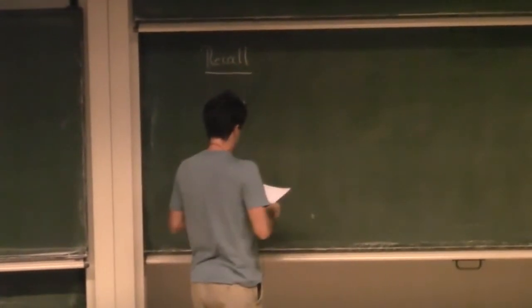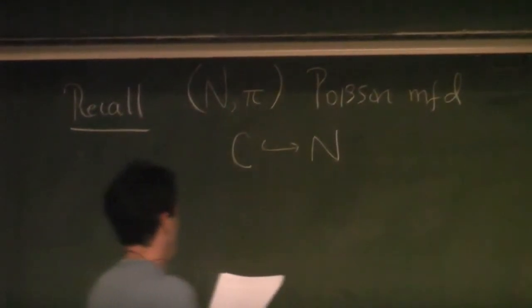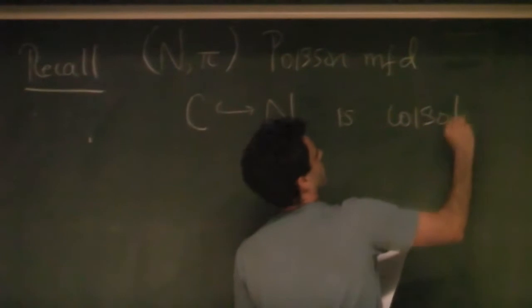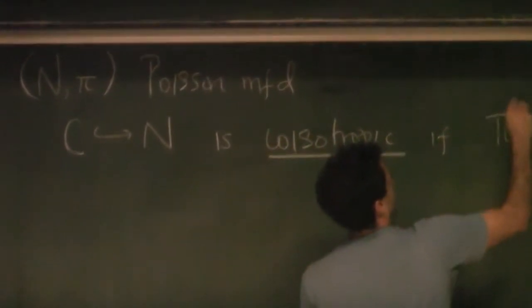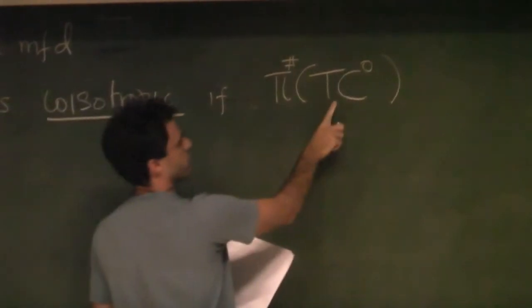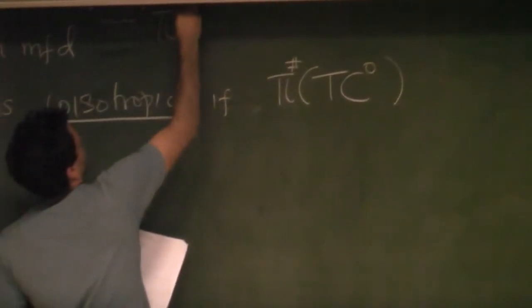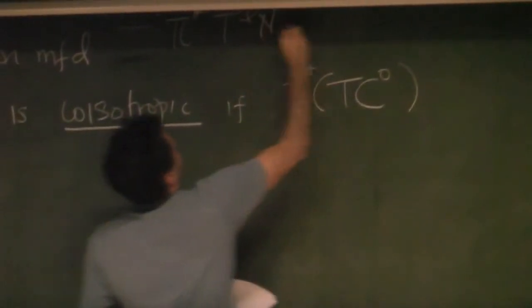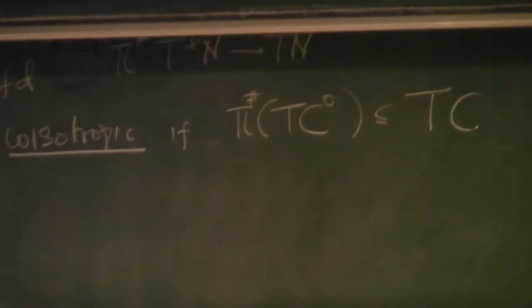So recall that if you have a Poisson manifold, and if you have a submanifold, the submanifold is called coisotropic if, when you map its annihilator, so this is the annihilator of the tangent bundle of the submanifold, using the Poisson tensor, so any Poisson structure gives rise to a map like this, it lies in TC.